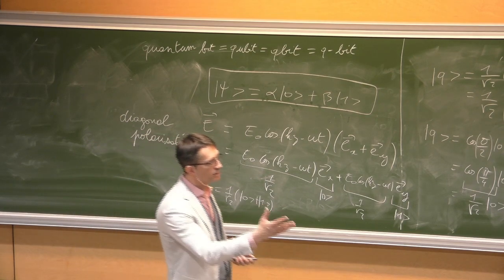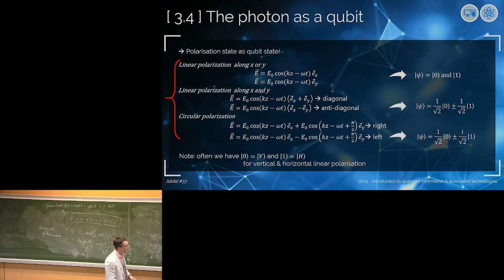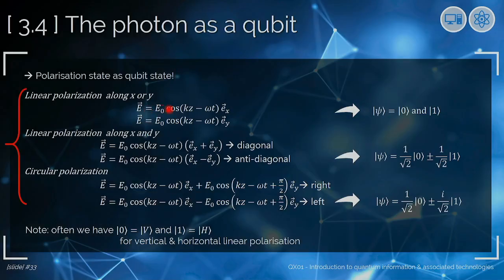So I can decide now to say, well, the oscillation along X polarization is my 0 state. The polarization along Y is my 1 state.